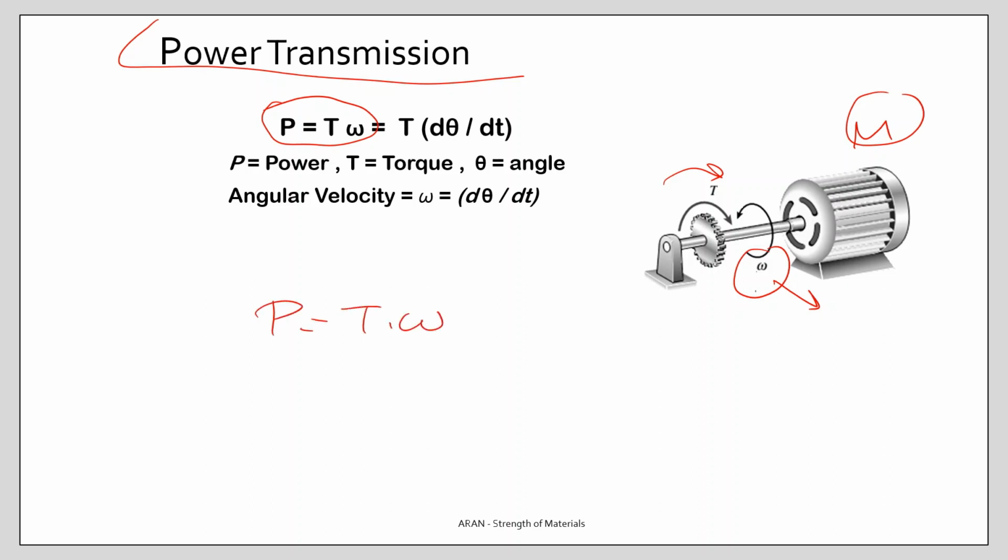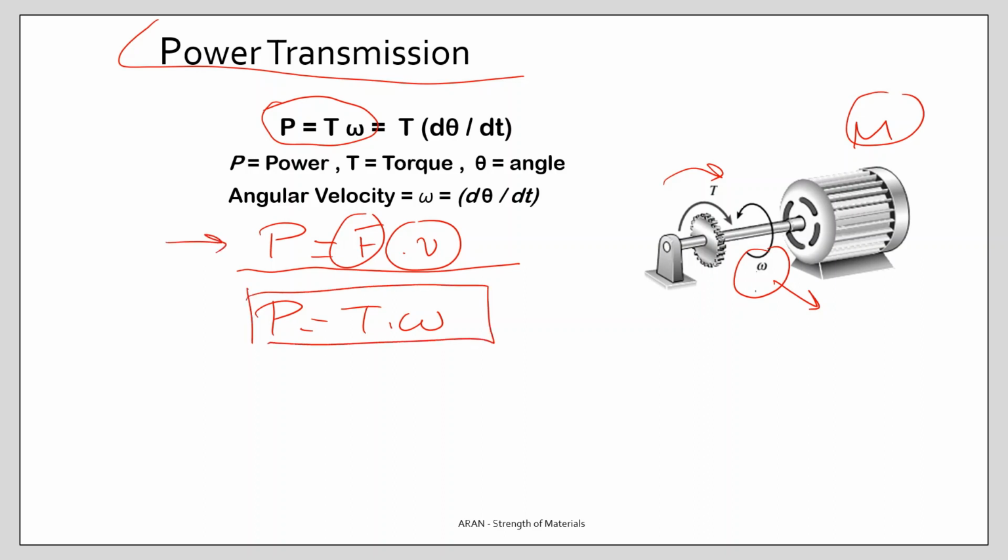It looks like the formula we remember for linear movement. As you see, force times the speed was the power formula. Here we have this formula. Remember that omega here is in radians per second.